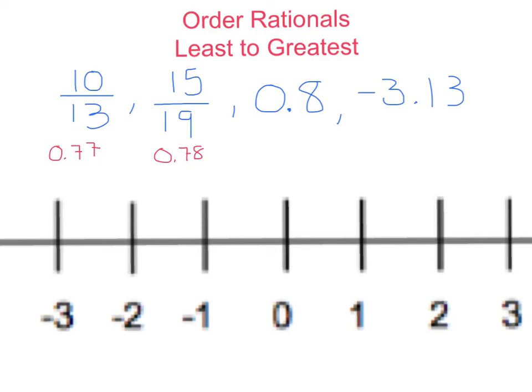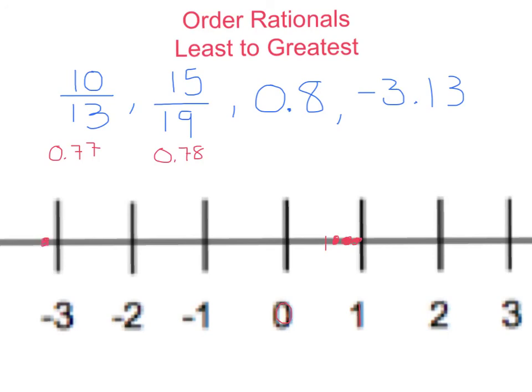So 0.77, if we have 0 and 1, 0.5 would be here. So we've got 0.77, and then 0.78 will just be a little bit to the right. And then 0.8, wow, these are all really close. And then negative 3.13, so way over here.